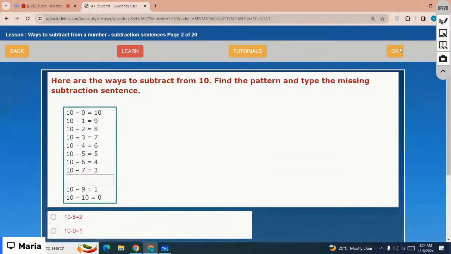Okay, here are the ways to subtract from 10. Find the pattern and type the missing subtraction sentence. So which is the correct option?